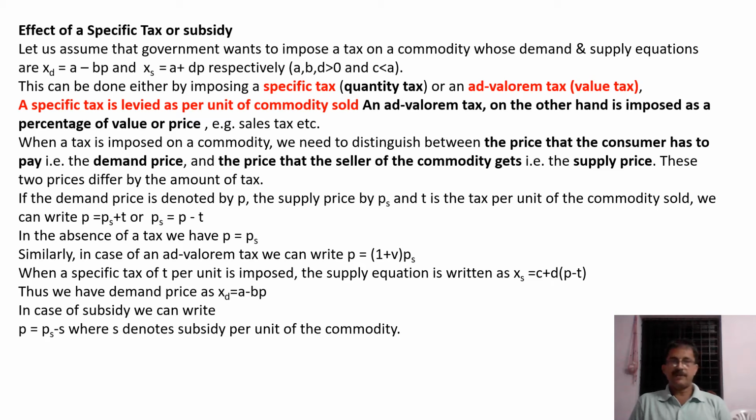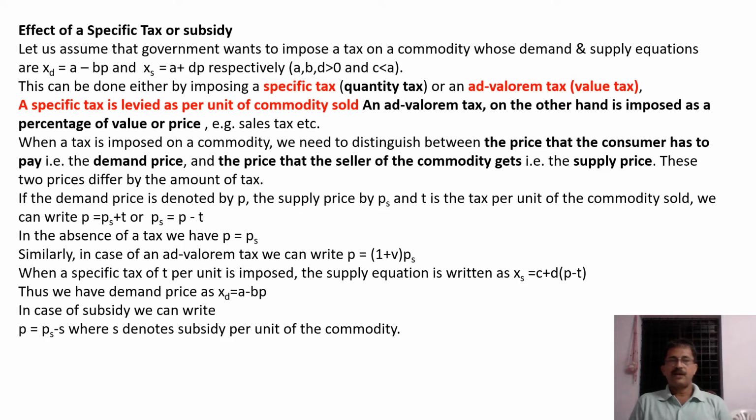So if the demand price is denoted by P, the supply price by PS, and T is the tax per unit of the commodity sold, then we can write P equal to PS plus T, or PS is equal to P minus T. So in the absence of tax, P must be equal to PS.